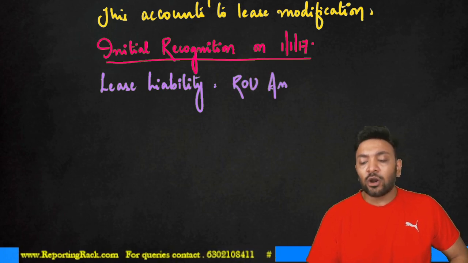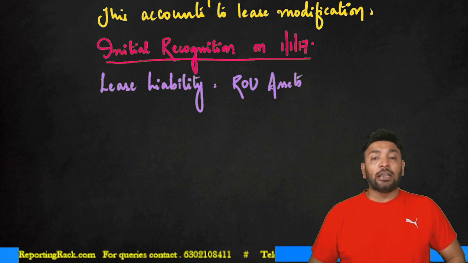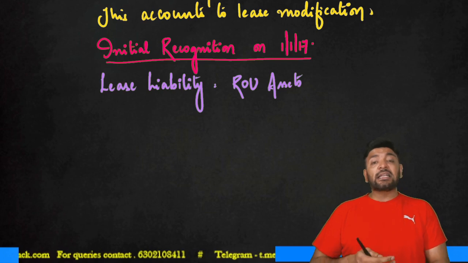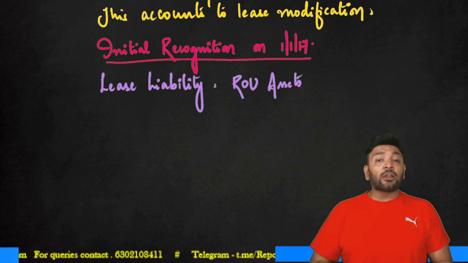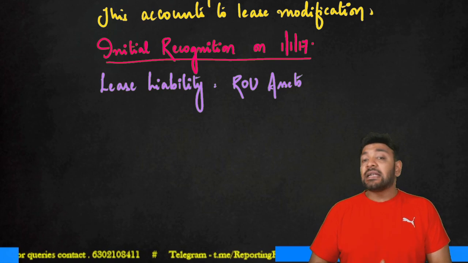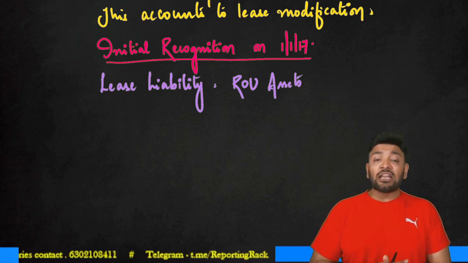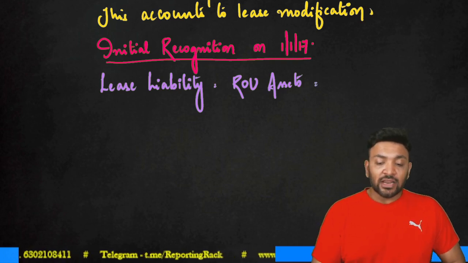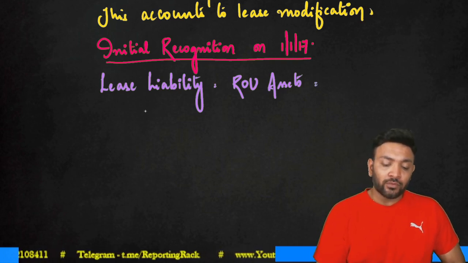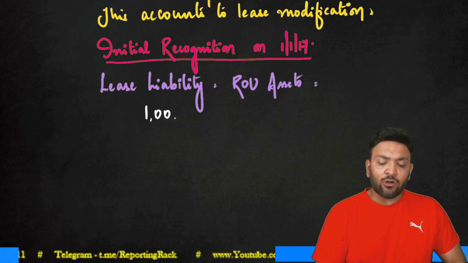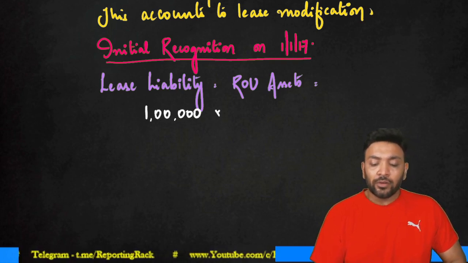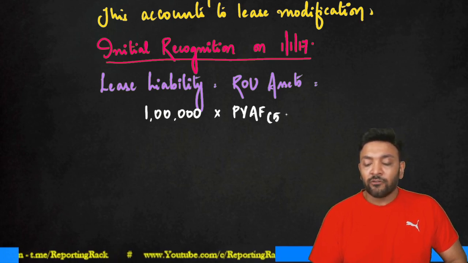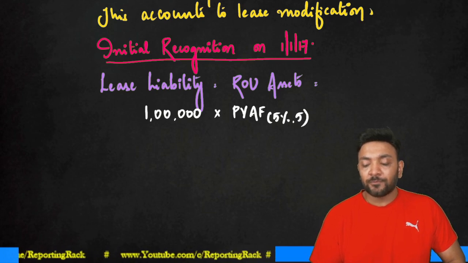Since he did not talk about any incremental direct cost of lease, he did not talk about cost of dismantling the asset, he did not talk about involvement of lessee prior to the commencement of lease, neither he spoke about lease incentive. So the value of lease liability should be equal to the value of ROU asset. That should be equal to 1 lakh of lease rental multiplied by present value annuity factors, 5% for 5 years.